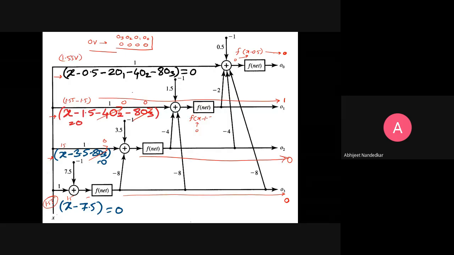The O1 is now 1, and these two are 0. So what is the net implementation? The net implementation here is x minus 0.5 minus 2. So it will be x minus 2.5.